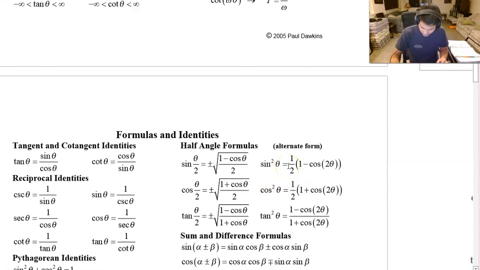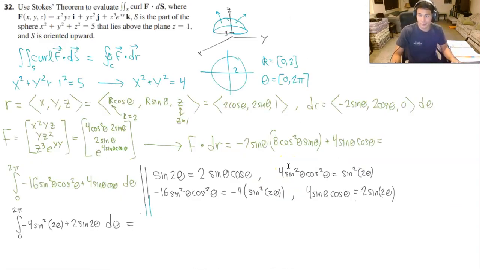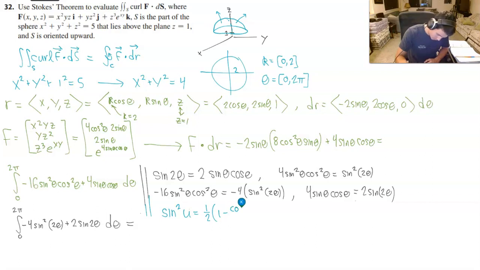So basically what we need to do is write down the formula, and I'm going to try to make this a little bit easier to think about. So sine squared, and instead of using theta, I'm going to use u. Sine squared u is equal to 1/2 times (1 minus cosine 2u) divided by 2.